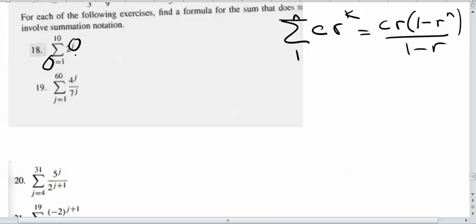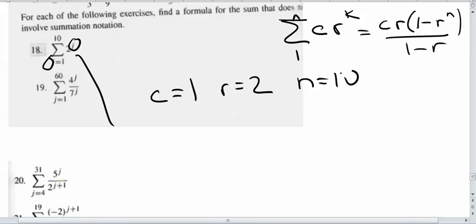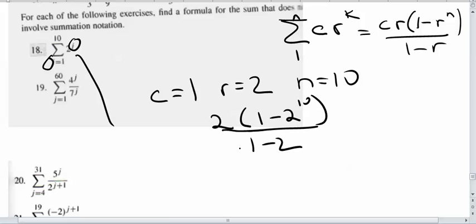So in the very first problem here, c is equal to 1, r is equal to 2, and n is equal to 10. So you'd plug it in, 2 times 1 minus 2 to the 10, divided by 1 minus 2, which is a minus. And so you get your calculator out and calculate that.